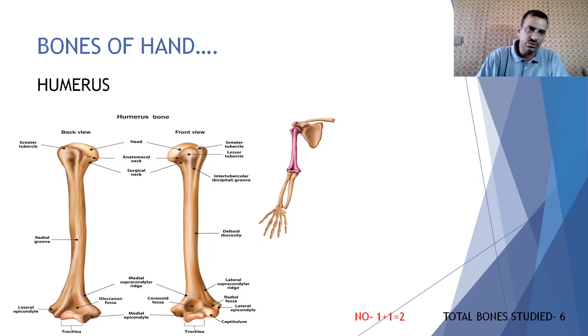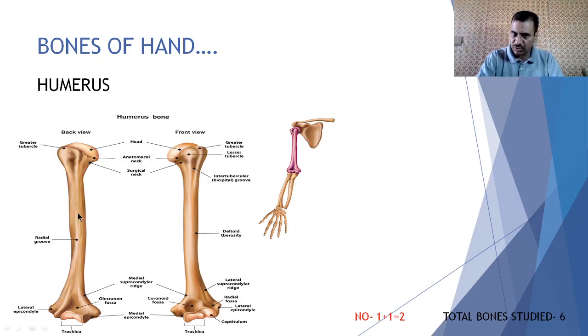Next bone is humerus. Humerus bone is a long bone. Type is long. And where is it situated? Here you can see in our hand. It is in the upper arm, starting from shoulder joint to elbow joint. So we have two humerus bones, one in left hand and one in right hand.